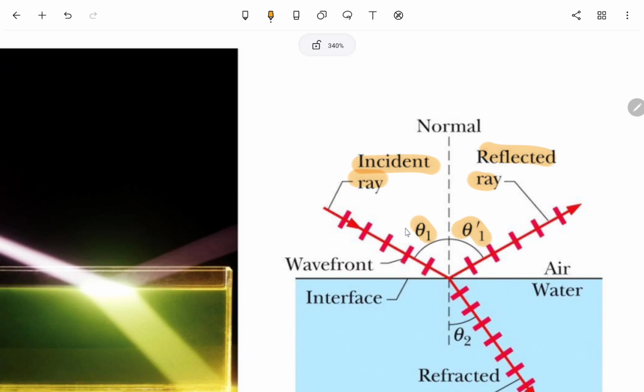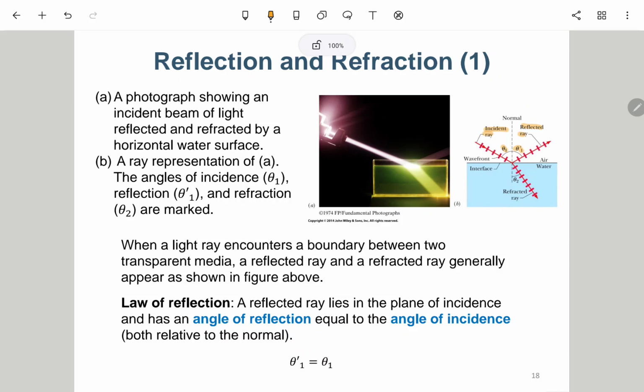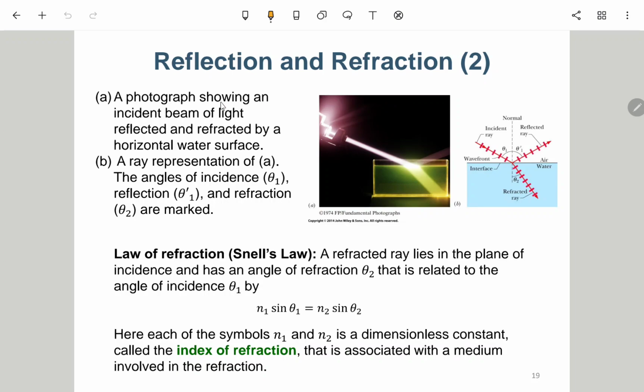This is the law of reflection, 就是反射的定律。And then we also have the law of refraction, 折射的定律是叫做 Snell's law. Here we have n1 times sine of theta 1 equals n2 times sine of theta 2.